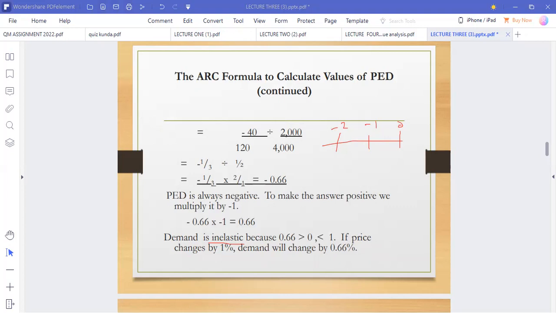Okay, so we're saying that if it's more than 1, it's elastic. If it's less than 1, it's inelastic. Yes. Okay. All right. Any other questions?